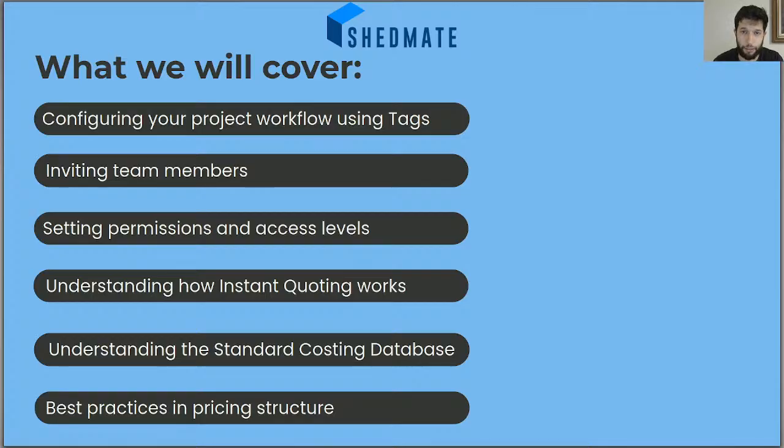We will check the process to add team members to your workspace in Shedmate. The third point will be setting permissions and access levels. We will have an idea of what we can do in Shedmate about restrictions. And we will also understand how static quoting works, and talk a little bit about the layout of the instant quoting, so you will have a better understanding of what this is and how important it is in Shedmate.